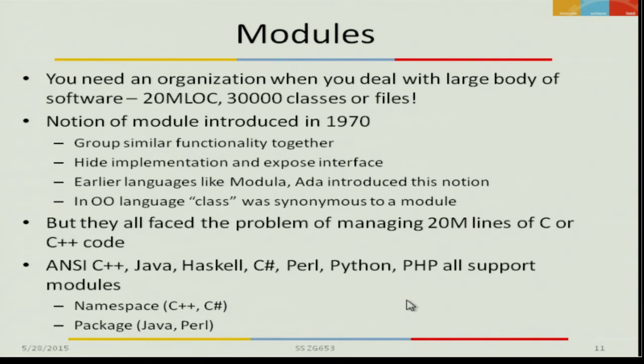So nowadays ANSI C++, Java, Haskell, C#, Perl, Python, and PHP all support the notion of module. They use a term called namespace and package. And there are some modular properties in namespaces as well as packages.